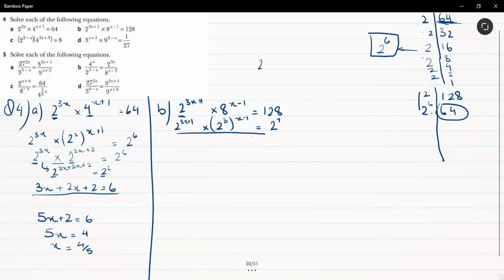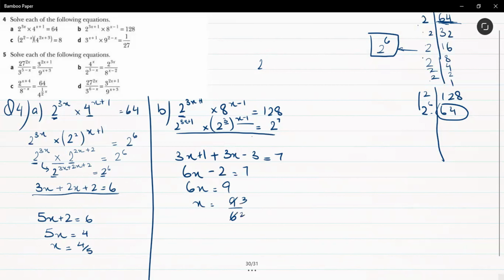Again, equate the index values and just add them up. 3x plus 1 plus 3x minus 3, because 3 multiplied by x minus 1 is 3x minus 3, is equal to 7. 3x plus 3x equals 6x, minus 3 plus 1 is minus 2, is equal to 7. 6x is equal to 7 plus 2, which is 9. x is equal to 9 over 6, and 3 threes are 9, 3 twos are 6, so this is going to be 3 over 2. And that's the value of x for part B: 3 over 2.